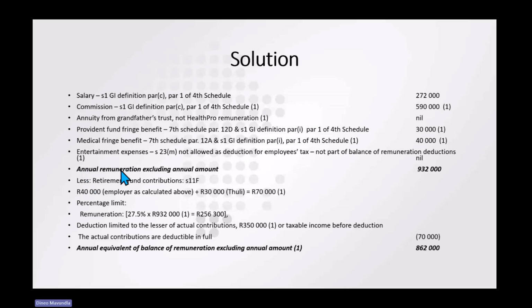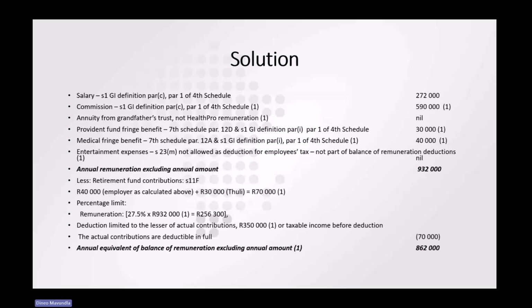So then our annual remuneration, excluding the annual amount, just before we calculate our pension funds and provident funds, is 932,000. Then less our retirement fund contributions, also limited to the Section 11 Cap F provisions. We would take our employer amount, which is the 40,000 plus Tuli's contribution of 30,000 rand.